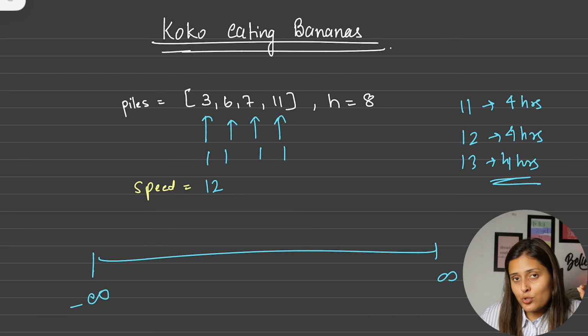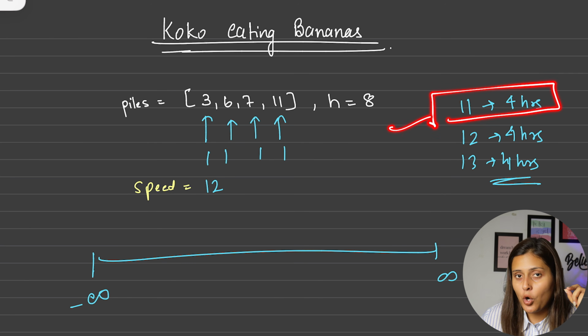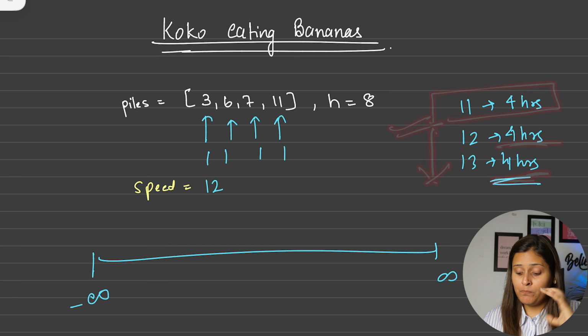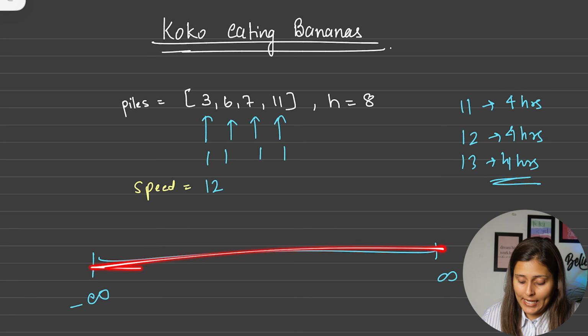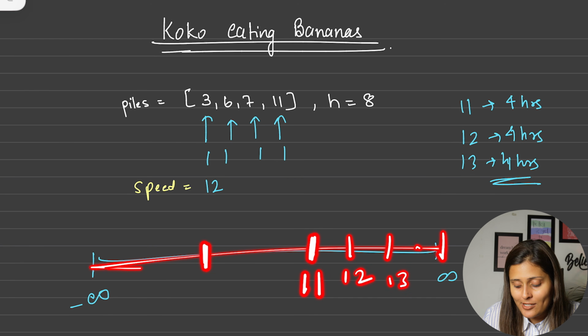Okay, so you saw that with 11 whatever value you got, with a higher value also you got the exact same value. Means I can say on a number line from minimum to maximum, the maximum is 11, and beyond that for 12, 13 and so on, you are still getting 4 as the answer.